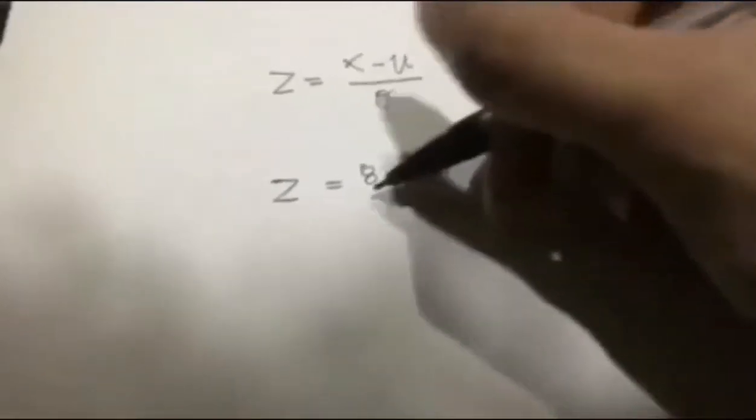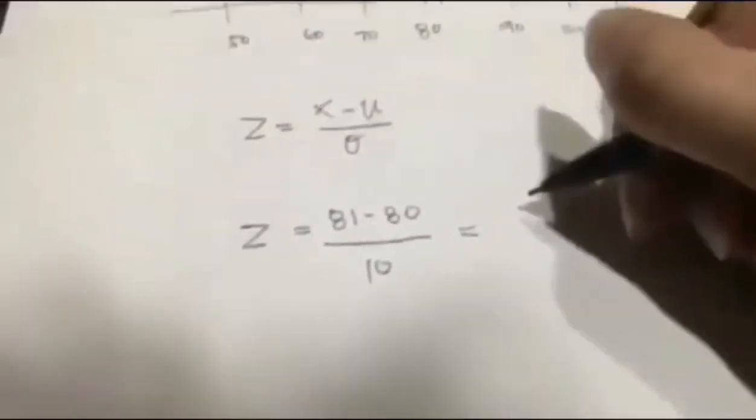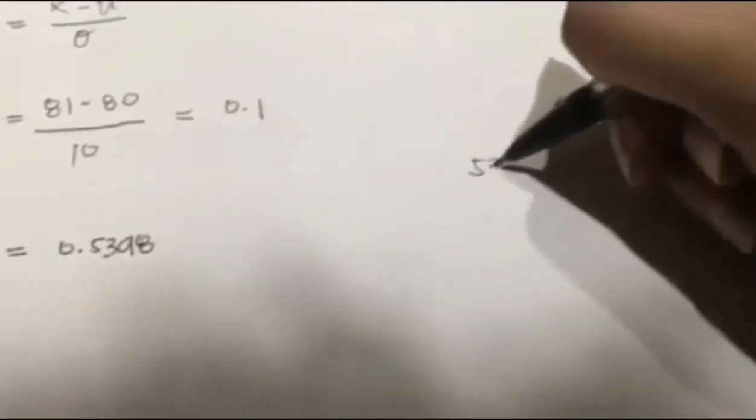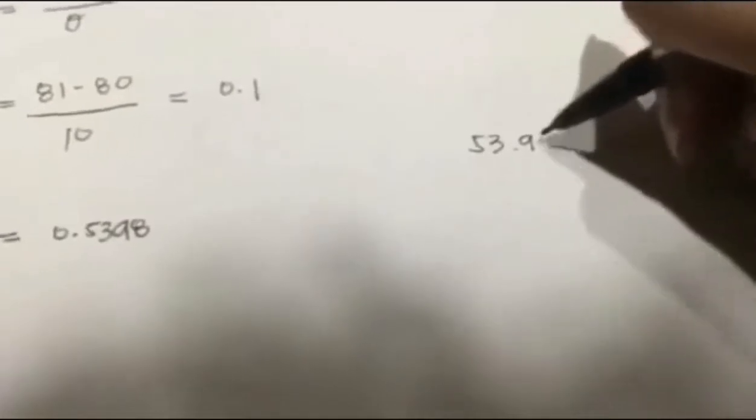So z is equal to 81 minus 80 over 10, which gives us an answer of 0.1. Now, by looking at the z-score table, 0.1 is equivalent to 0.5398. Therefore, 53.98% of students got below 81.